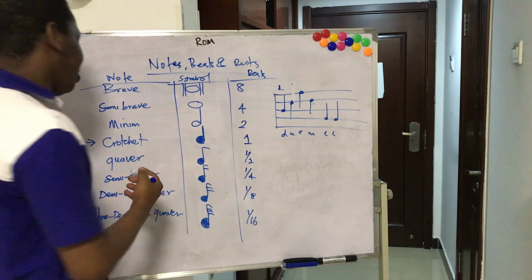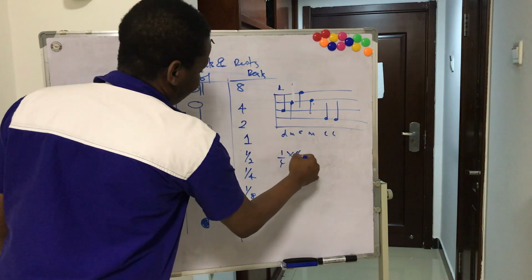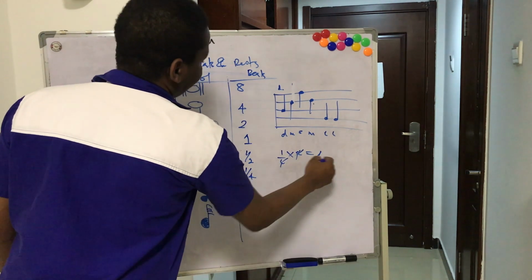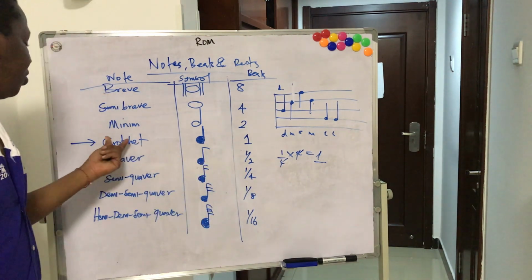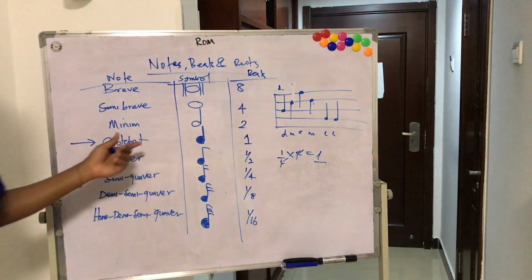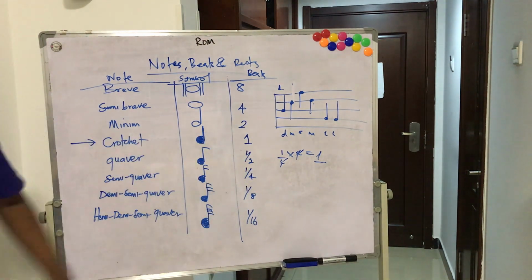Good. So what you simply do is, you want to get 1 beat, right? 1/4 multiplied by 4, and this will give you 1. So 4 semiquavers are inside one crotchet. And similarly, 2 quavers are inside 1 crotchet.